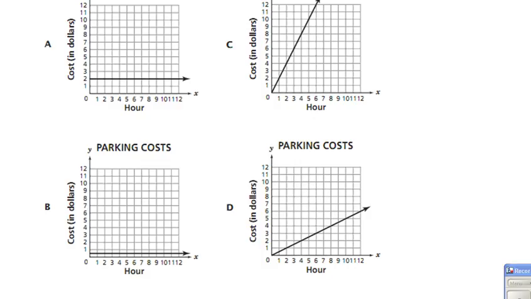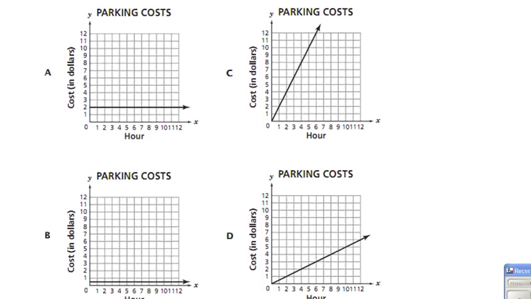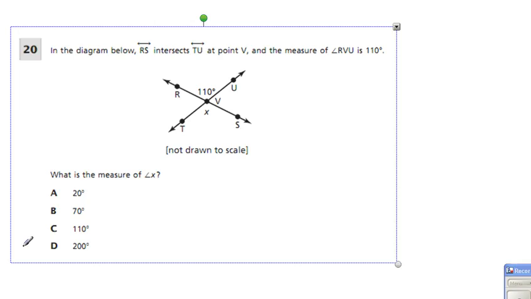It was a mistake by the state, but something that best describes the value would have been this. 50 cents per hour, that means every 2 hours it will cost $1. So choice D would have been the best answer here.